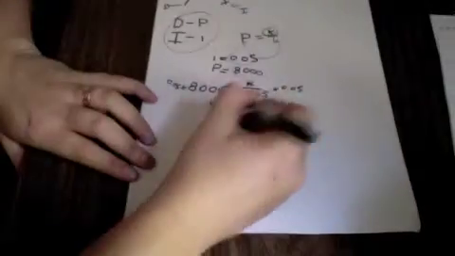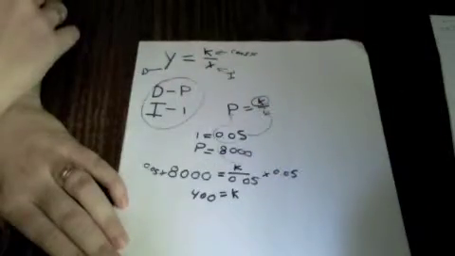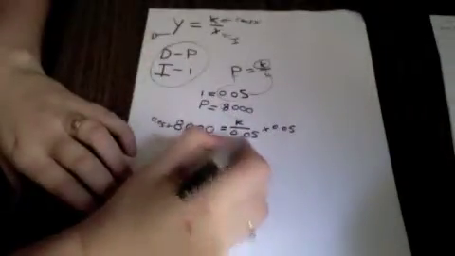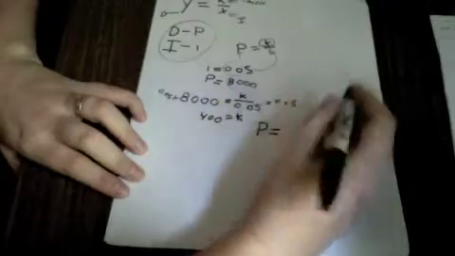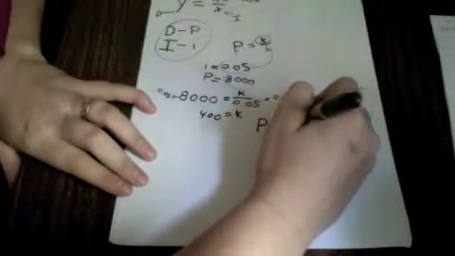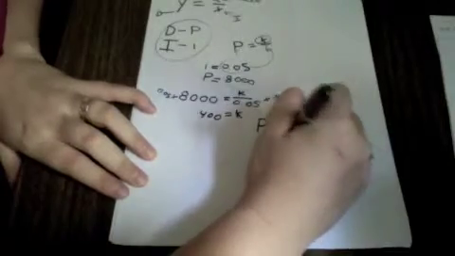So the answer to the first question will be this equation right here. Our P equals K over I, but we know what K is now, so we can substitute for it. Not only does P equal K over I, but P equals 400, which is our K value, over I.